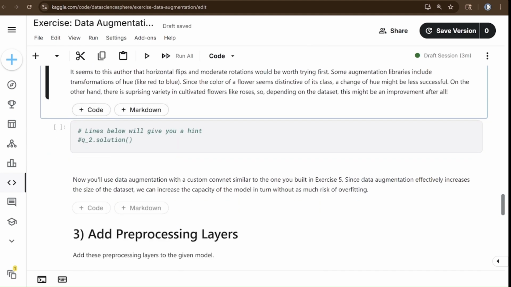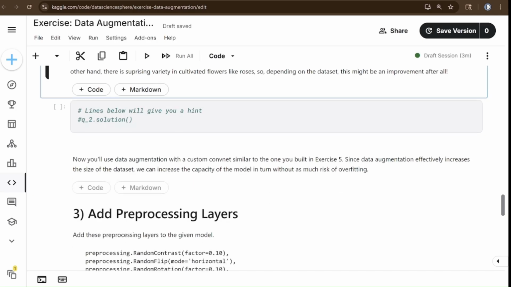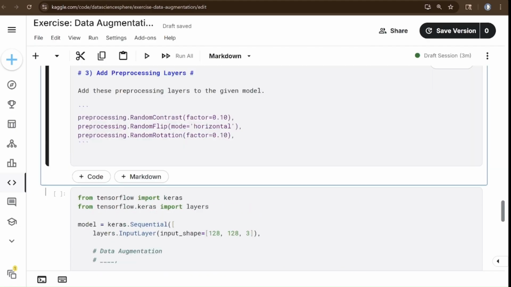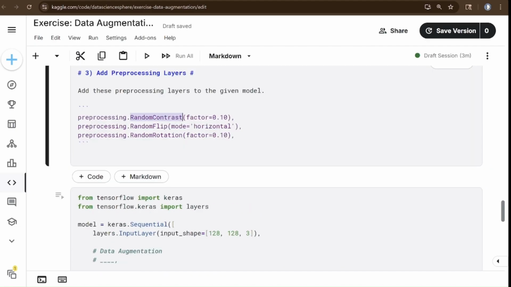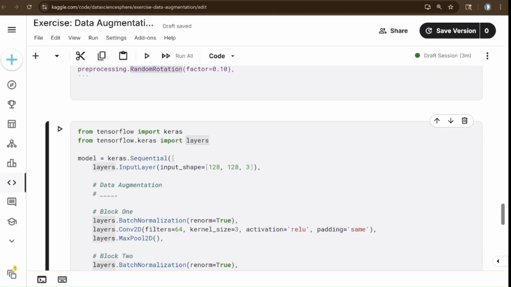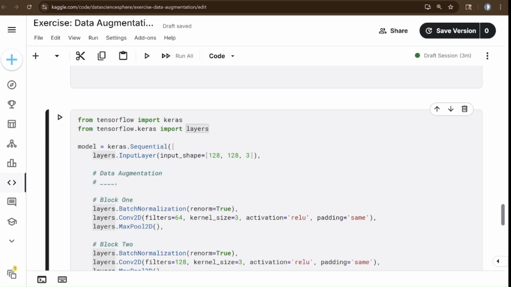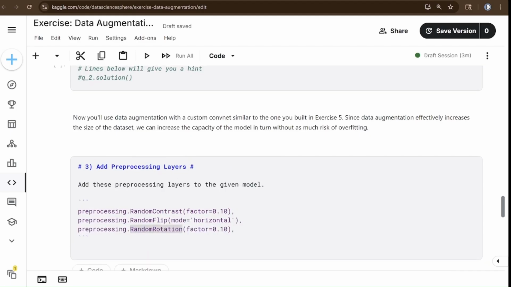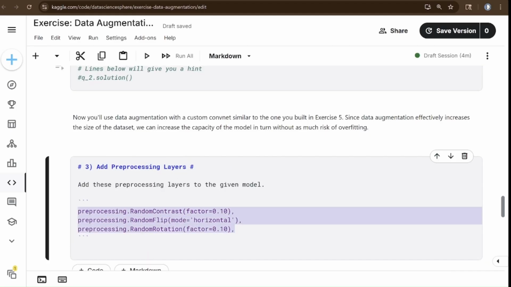Okay. Now you are going to use data augmentation with a custom coordinate similar to the one that you built in exercise 5. So you have to use this pre-processing layer. Random contrast, random flip, random rotation, you can use any of them. Okay. Now see, import keras layers, and here you have to do data augmentation. So what we can do, we can simply copy this.